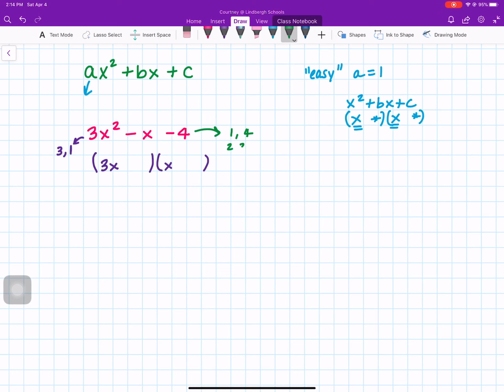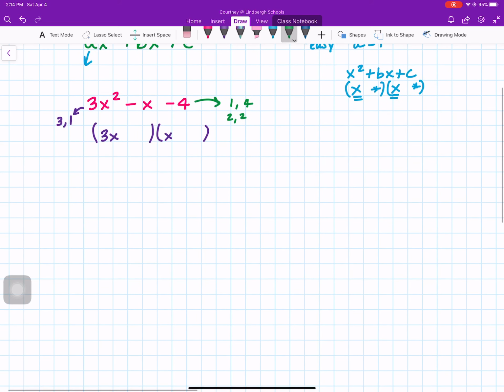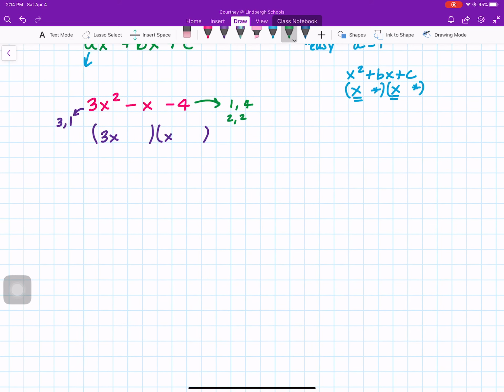and 2 and 2. Now, as you do these, you'll get better at doing some mental math in your head. But for now, let's just pick a pair. Let's pick 1 and 4, and we're going to see if it works. So I'm going to put 1 here, and I'm going to put 4 there. And I'm going to do what I call a rainbow.